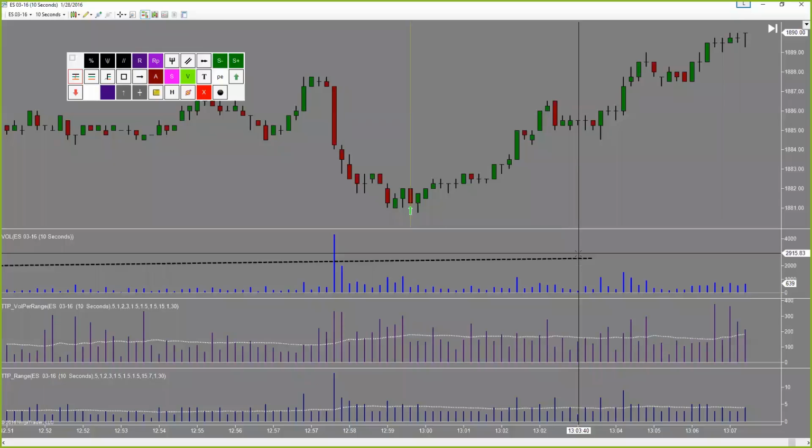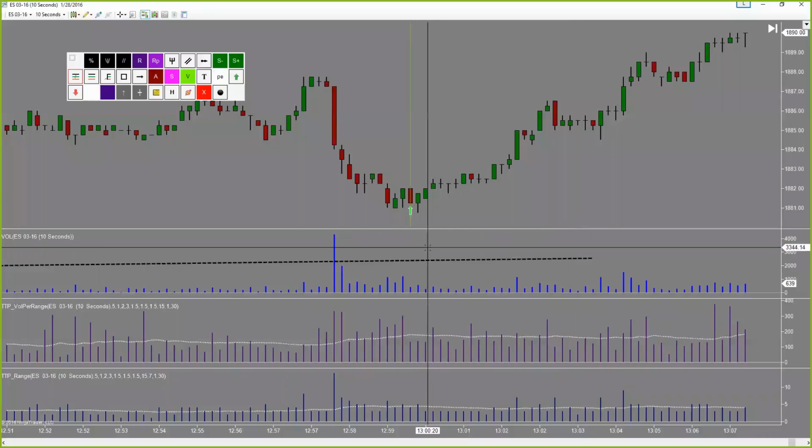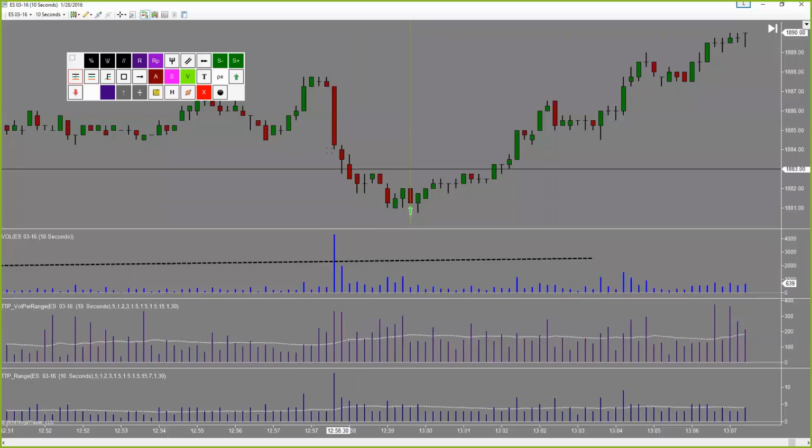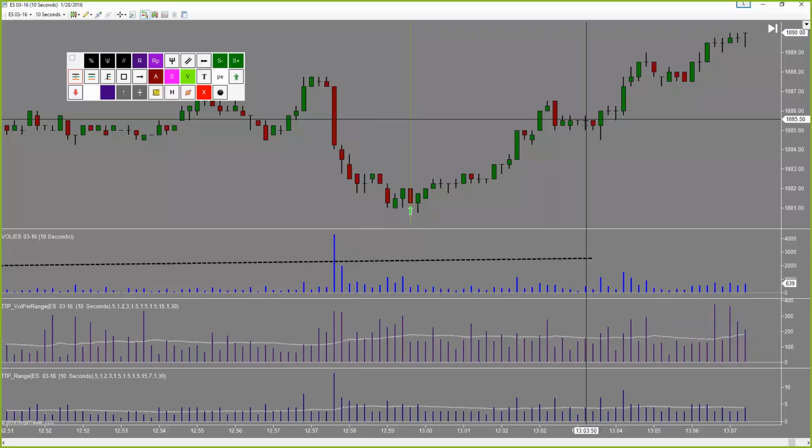Sometimes volume just dries up as you go into a high. The buying will simply dry up and there's no one left to buy, and then it just naturally rolls over. But we'll show a few different reversal patterns. A lot of times you'll have just a selling climax with a V bottom, and it'll turn right back up.